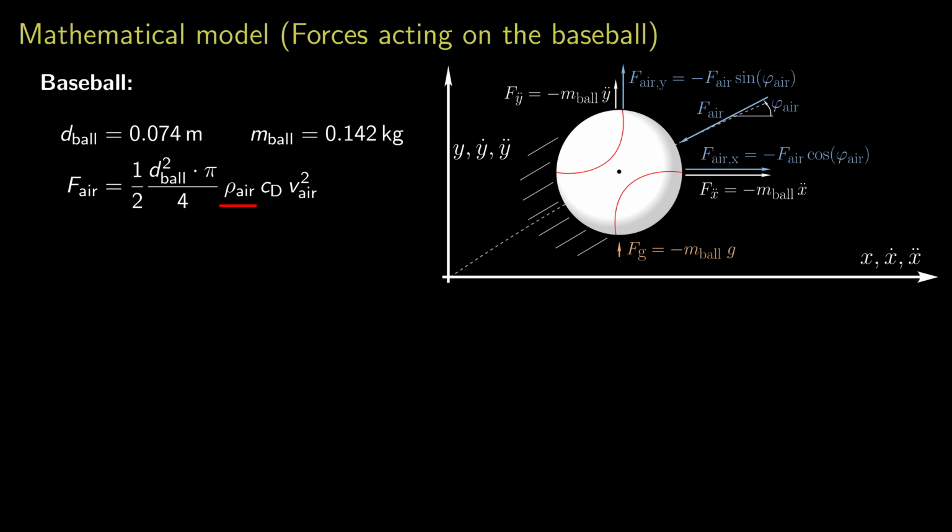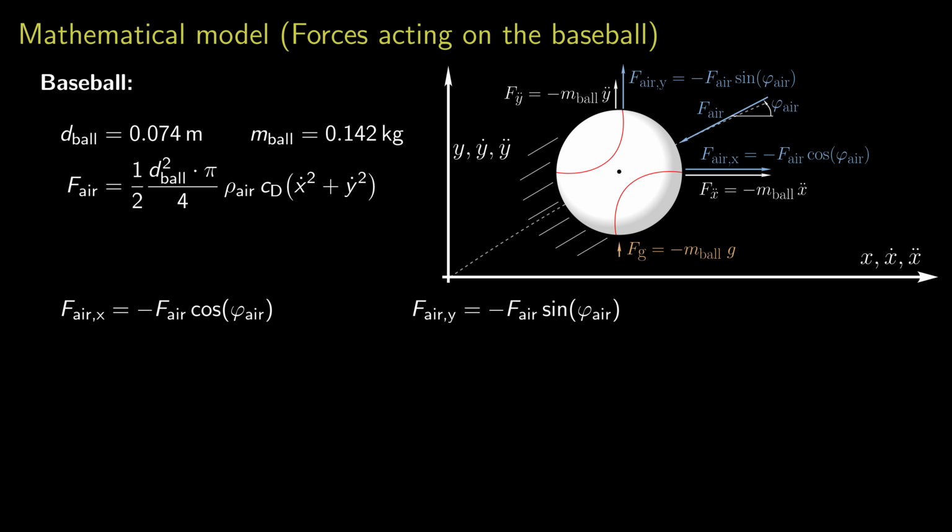Since the relationship between velocity and air resistance is non-linear, we first have to calculate our tangential velocity, calculated from the individual velocities in x and y directions like this, simplify once, and then use that to calculate the total air resistance. At the end we must use the angle and sine and cosine to split it up into its x and y components.